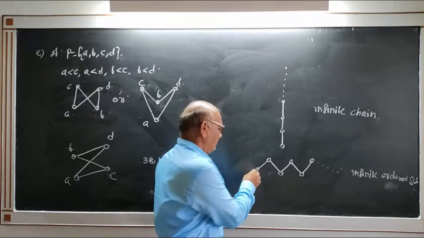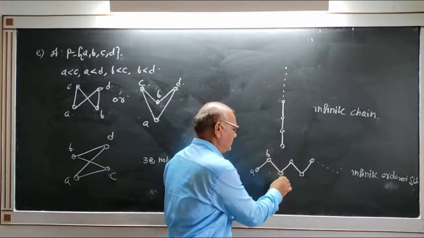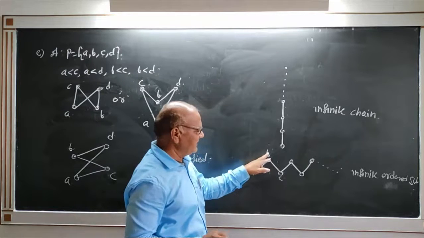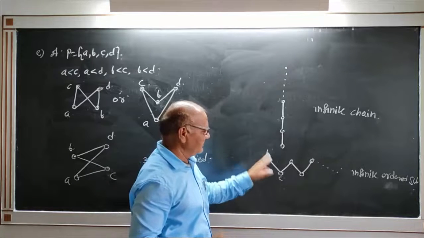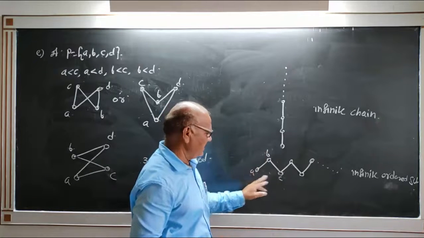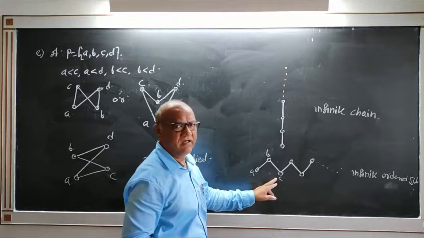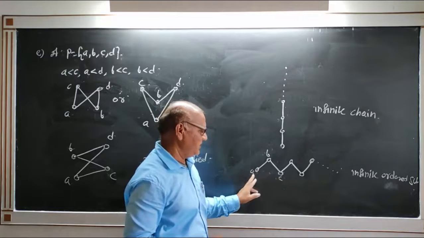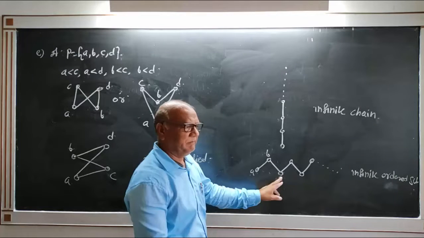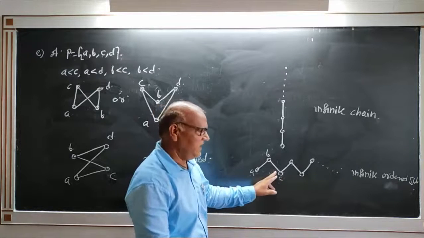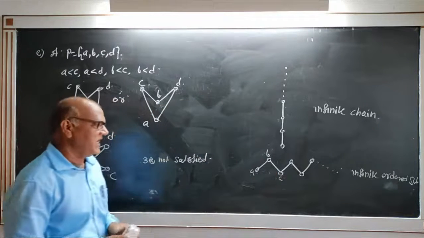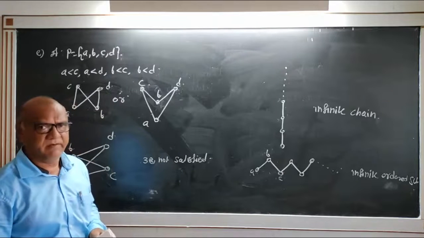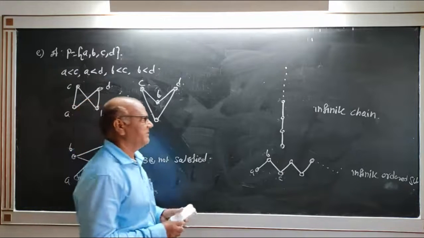Suppose here A, B, C like this. Here A is related to B, C is related to B, but A and C are not related to each other. So A and C are not comparable. In a chain, every two elements are comparable.